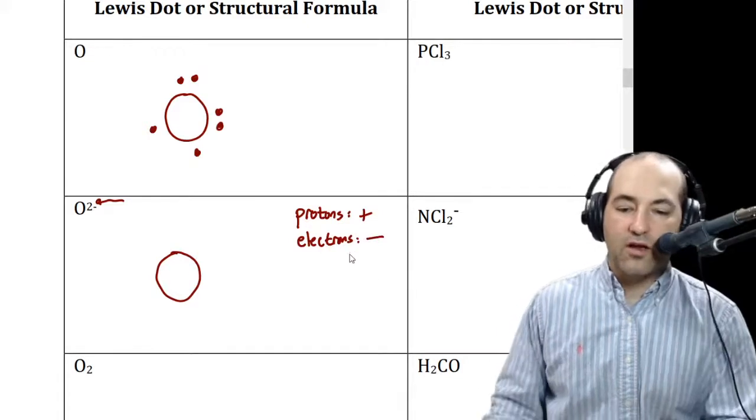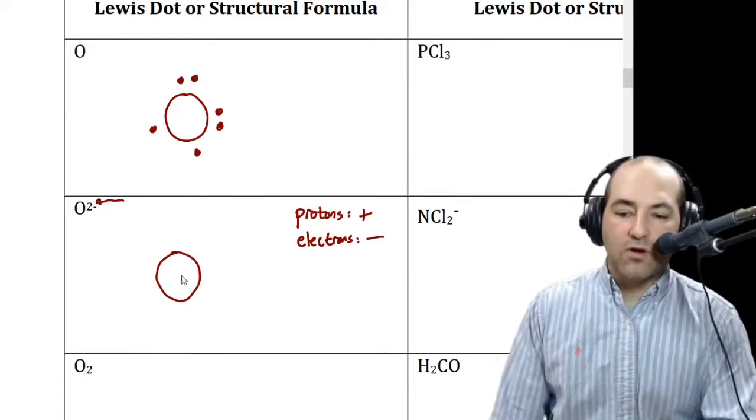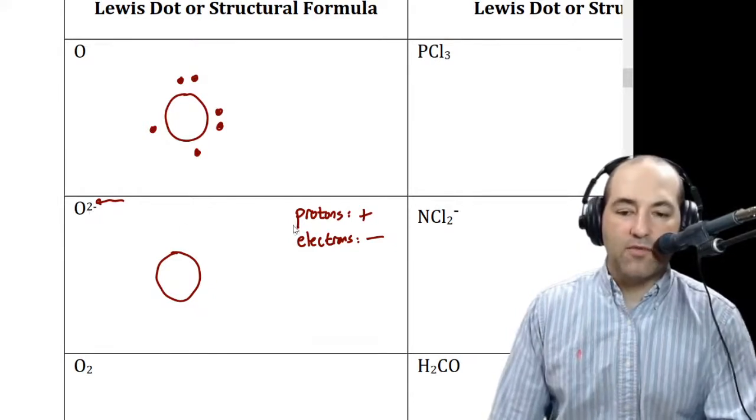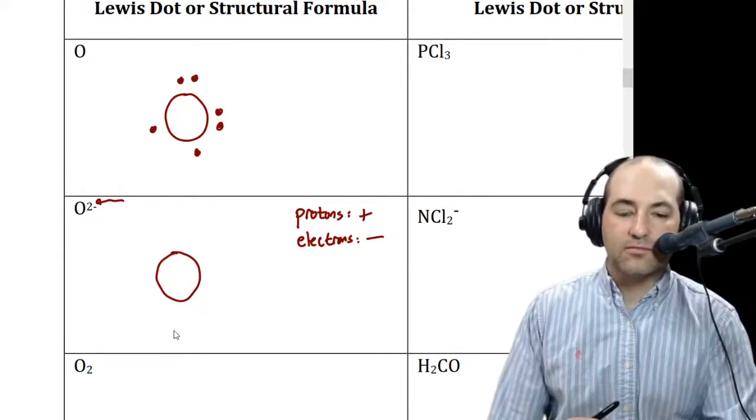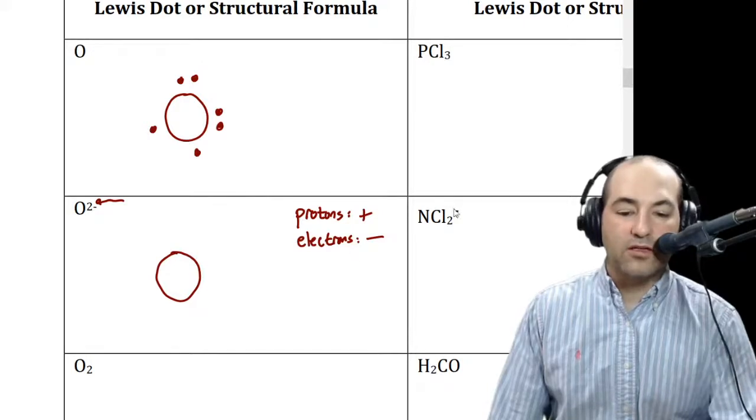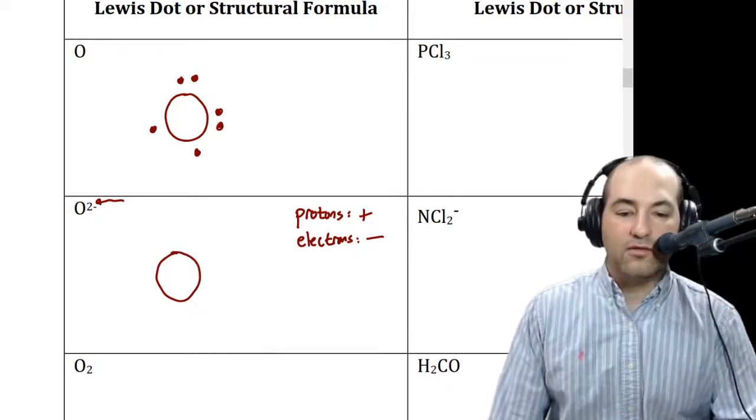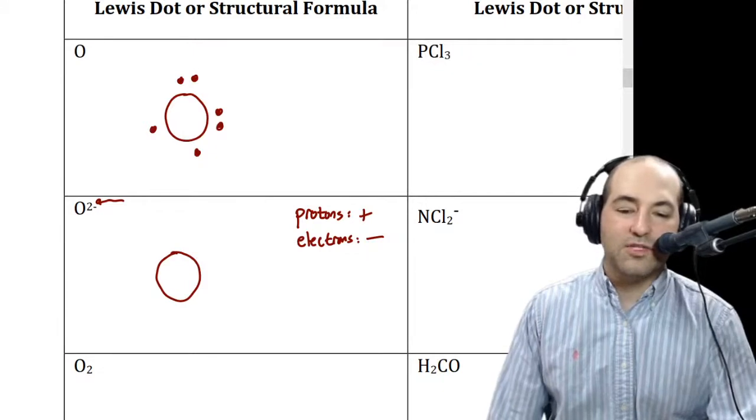Electrons are negative. So if we had 2 fewer electrons, would that make it more negative or more positive? If we had fewer electrons, it makes it more positive. Yeah, more electrons would be more negative. So we just got that backwards.